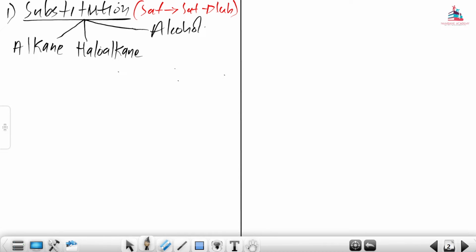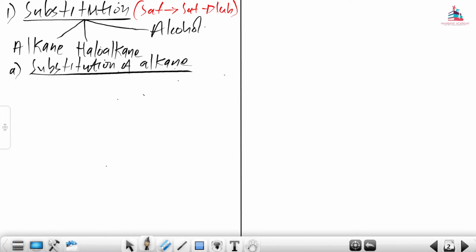I am going to start with the first one, which will be a substitution of an alkane. So let's say at A we have substitution of alkanes. In a substitution of an alkane, this is what is going to happen.